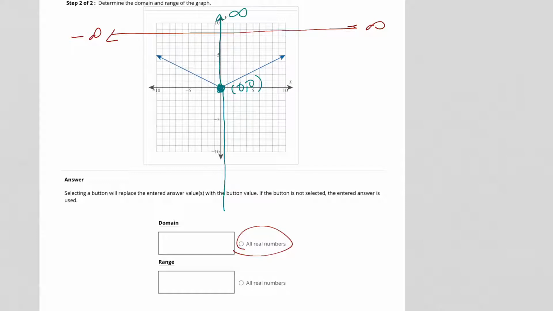Now, since the point is actually there, I'll come in here and erase that so you can see it. There's actually a point right there, so I'm going to include that 0. It wants our answer to be in interval notation, so my range is going to go from 0 with a bracket to infinity with a parentheses.